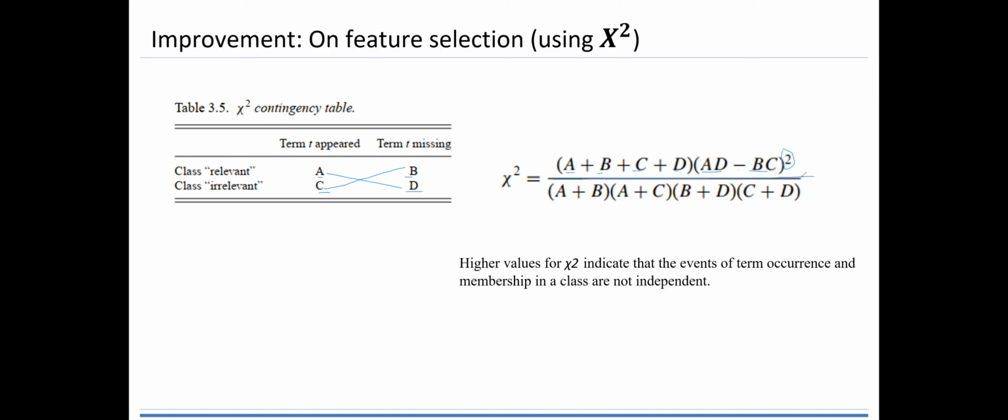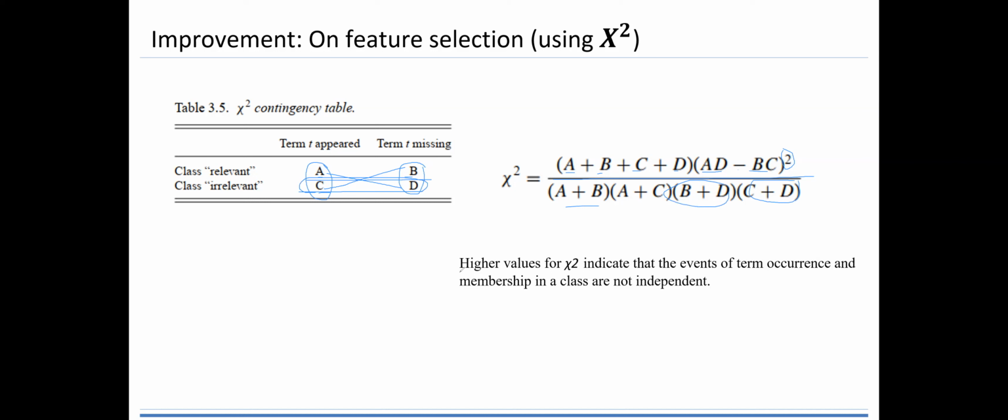And then we divide by a plus b. So we want to check only the number or the frequency from the relevant class, and then from the appeared terms, and only from the missing terms, and from the number of the irrelevant class.